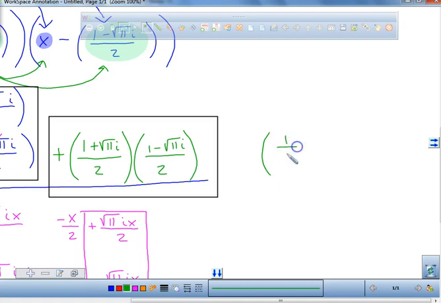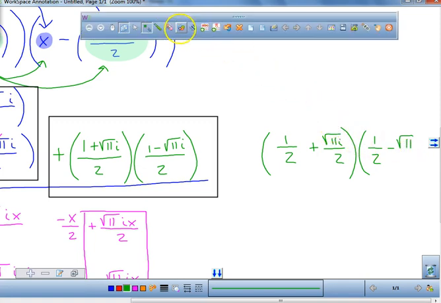We're going to say 1/2 plus radical 11i over 2. And we're going to multiply that to 1/2 minus radical 11. Now I make sure the i is on the outside of the radical, not on the inside. Times i over 2.